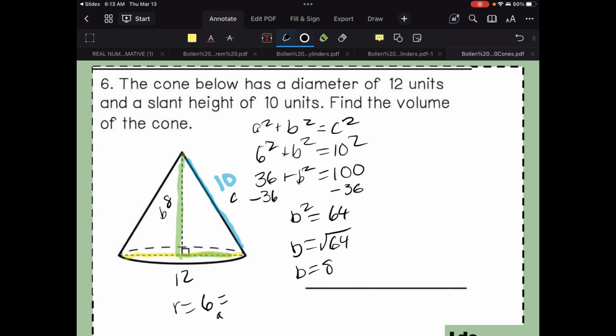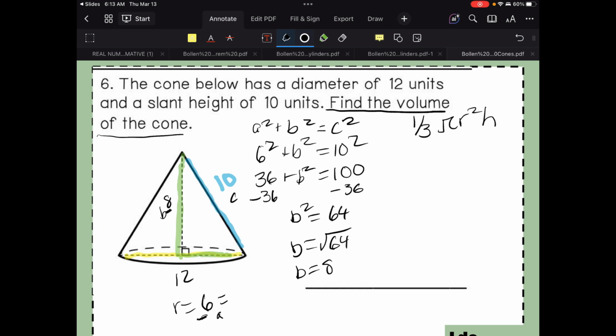So now you have your height here, your radius here. You can do our volume, because remember, our question wasn't to find the height, but was to find the volume. So now that we have our height, we can find 1/3 of pi r squared times our height.